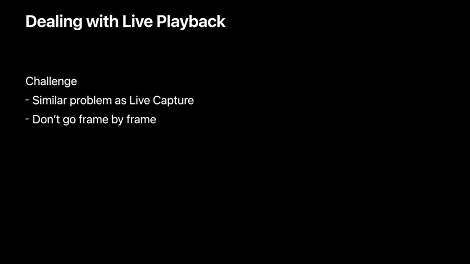Next, when we deal with live playback, the challenges are actually similar. We need to make sure that the video continues playing while we do our analysis, so it doesn't stutter. So again, we have to make sure that we can process all the frames correctly. If you do a post-analysis, you would go frame by frame. But here in the live playback part, we do not want to go frame by frame.